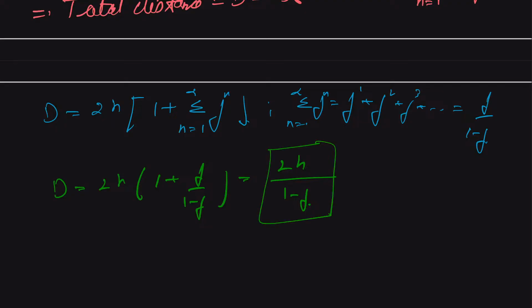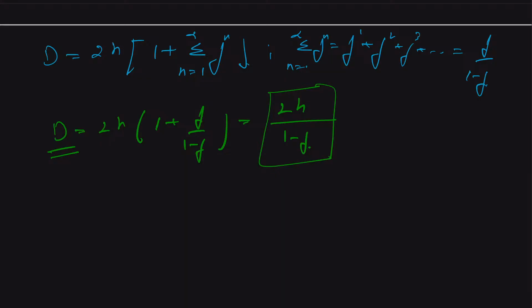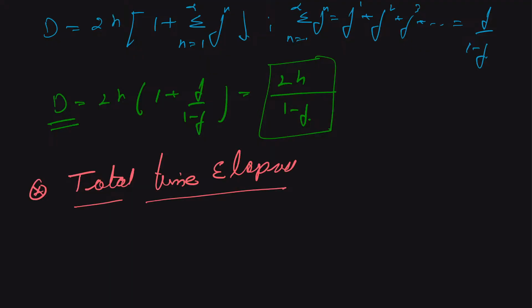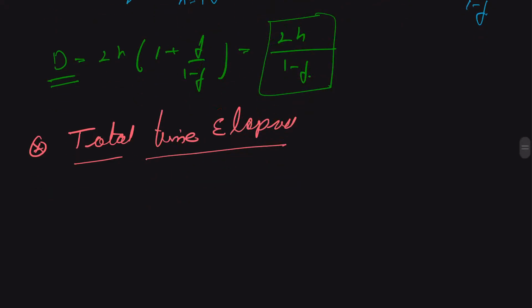And now we are going to find out the total time taken, or total time elapsed, traveling this distance D. Once again we are going to calculate the time for the first flight, and in the general formula we have taken the height as h, and for this particular solution this height is given as small h.